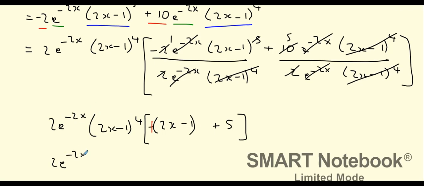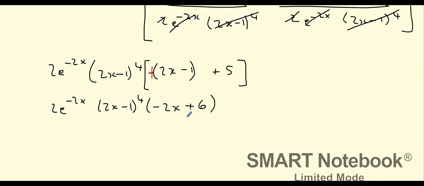So 2e to the minus 2x, (2x minus 1) to the 4, times minus 2x plus 1 plus 5. So I've got minus 2x plus 1 plus 5, which is plus 6.